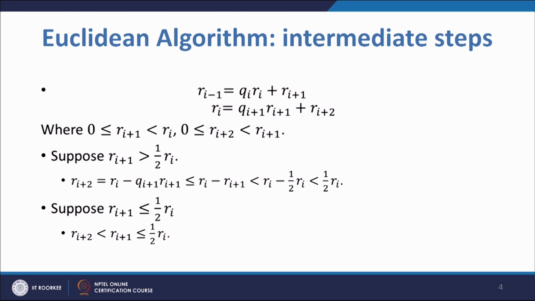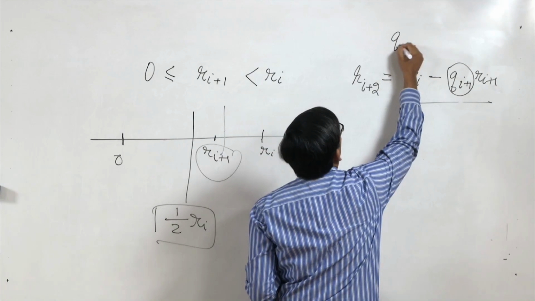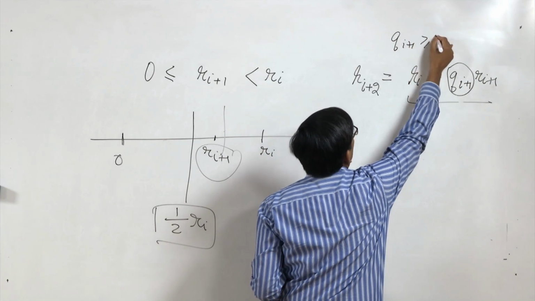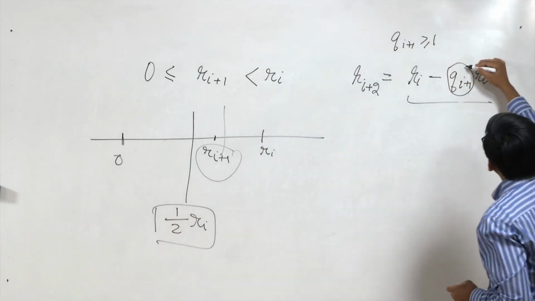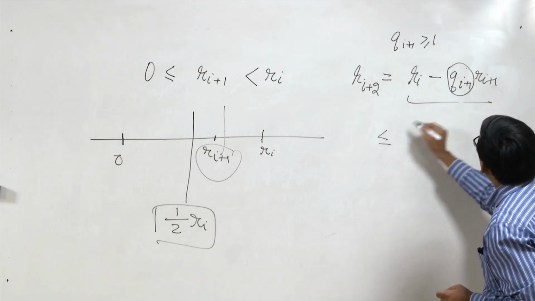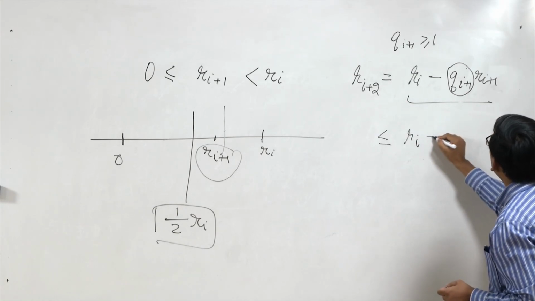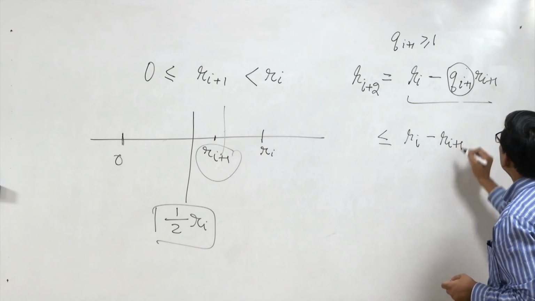So Ri minus Ri plus 1 is greater than or equal to Ri plus 2. The question is why? Because I know that Qi plus 1 is greater than or equal to 1. So if I put 1, I will get something greater or equal. So this is Ri minus Ri plus 1.